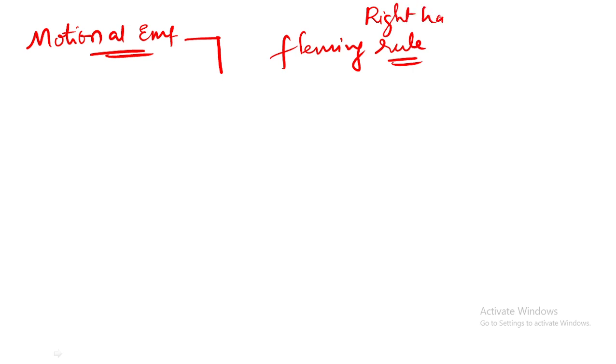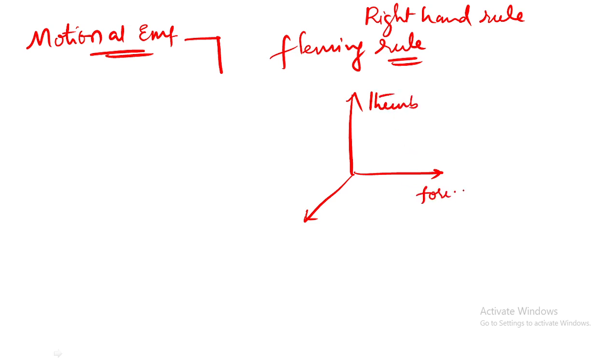Okay, right hand rule. For example, I will extend my right hand fingers. This is the thumb, this is the forefinger, and this is the central finger.